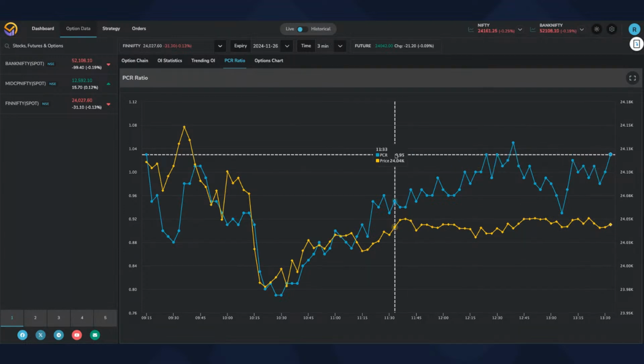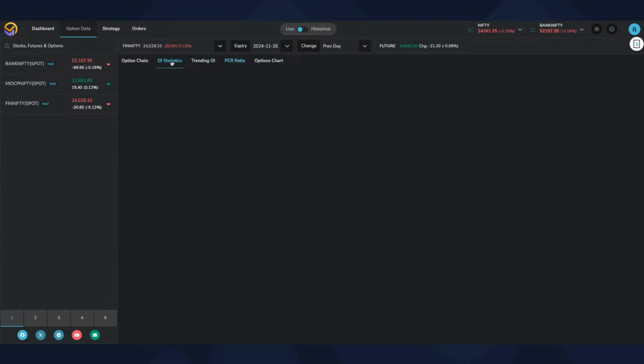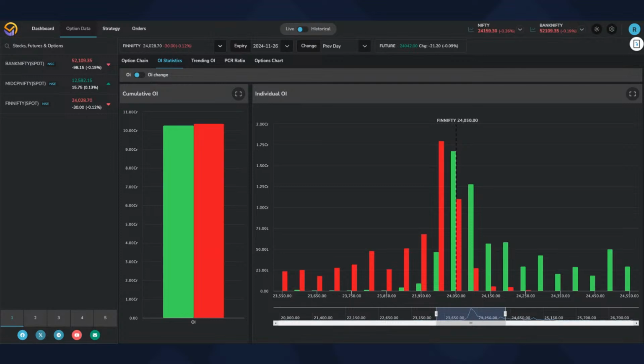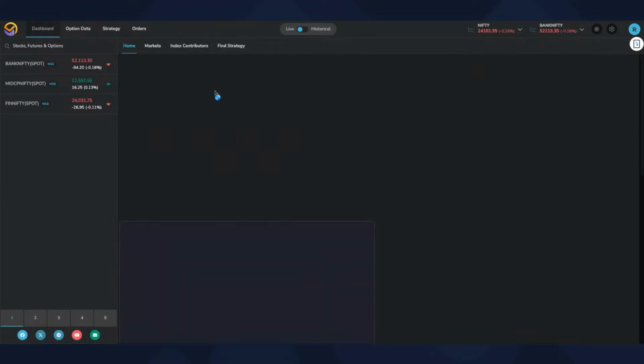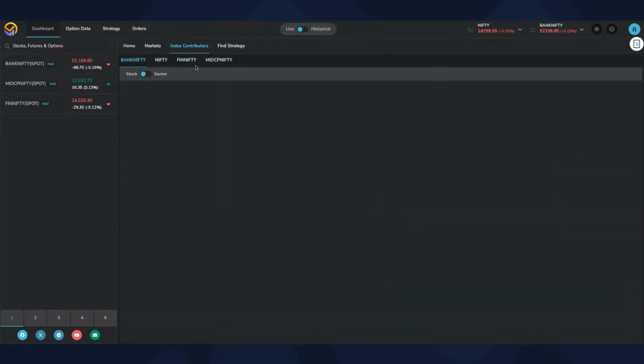PCR is okay, 1.03, which is definitely fine, no problem. Nifty, I think we saw in there itself, so not a problem. I want to see this one, index contributors.